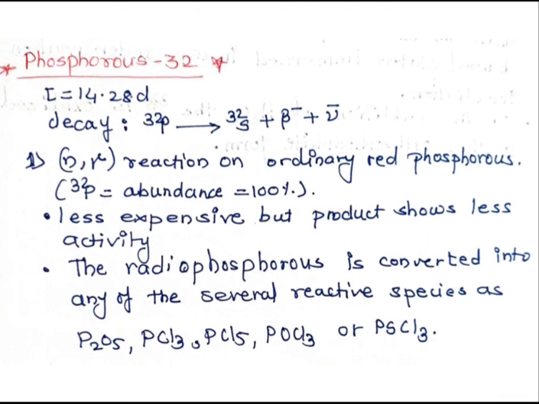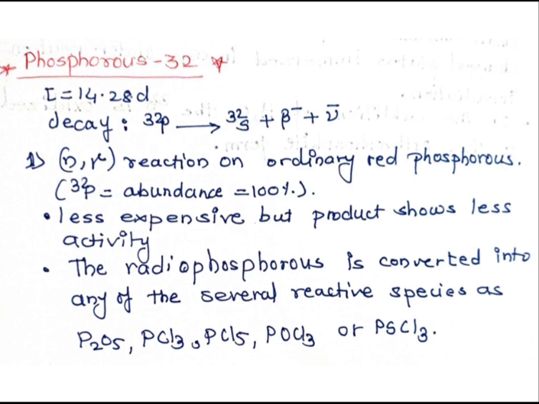Then we will see the next isotope, that is phosphorus, phosphorus 32. Tau is given as 14.28 days and the decay reaction is given: when phosphorus 32 undergoes beta minus decay, there is a formation of sulfur 32. And here the modes of the reactions are two.